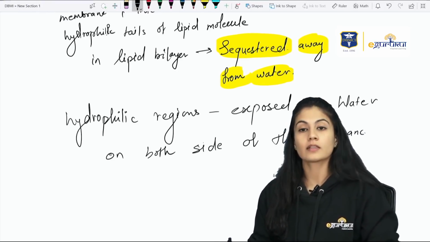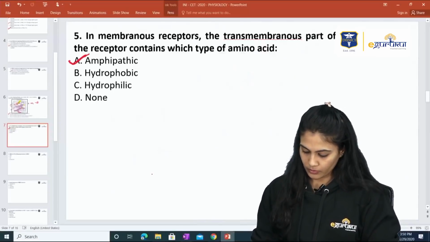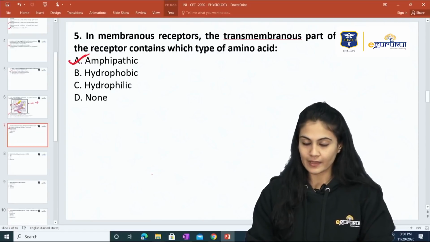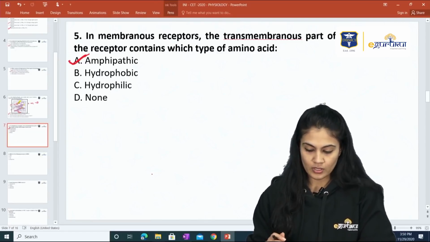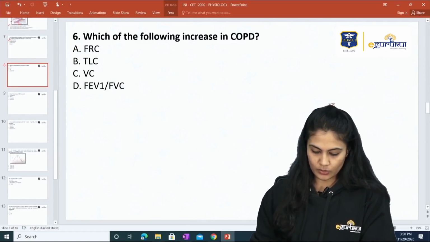So that is nothing but the hydrophilic and hydrophobic parts of the transmembrane protein. That means they are amphipathic, and that's why the answer to this question is option A. Okay, let's move on to the next question.